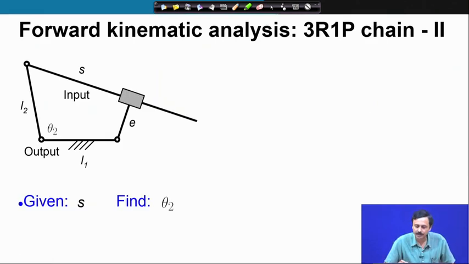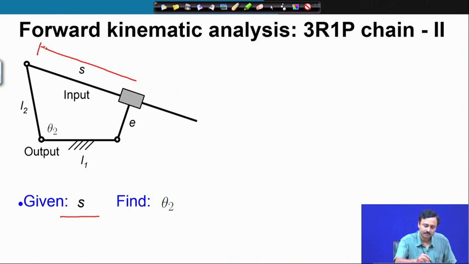Let us look at the forward kinematics problem for this chain. What is specified is the input, which is S, the throw of the actuator. Here I consider S to be this distance, this length. Of course, part of this may be the length of the actuator and part of it may be the throw, but here we are defining the total distance as S. Let me go back and show you.